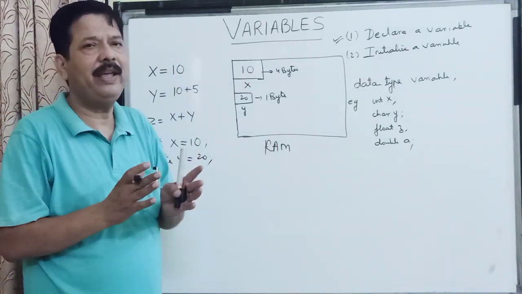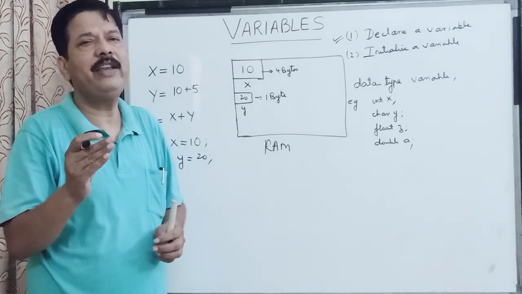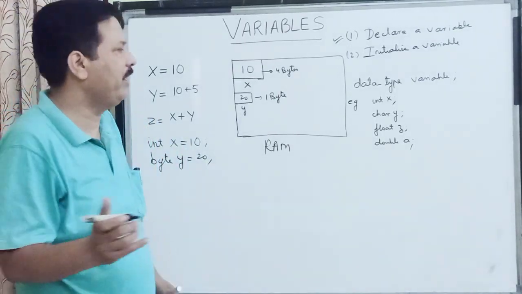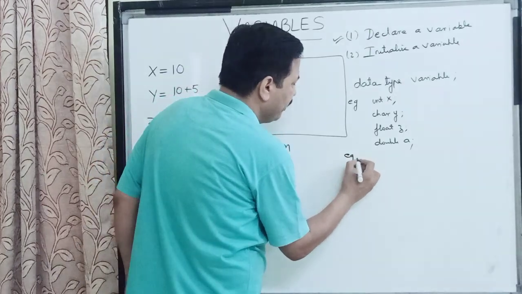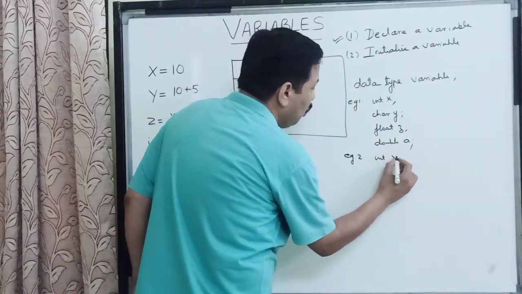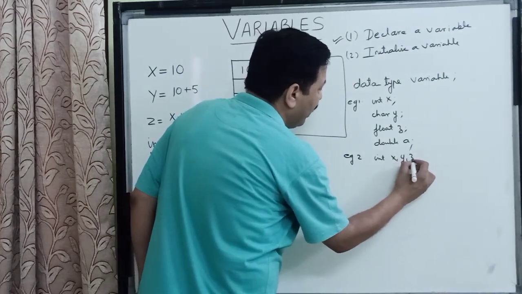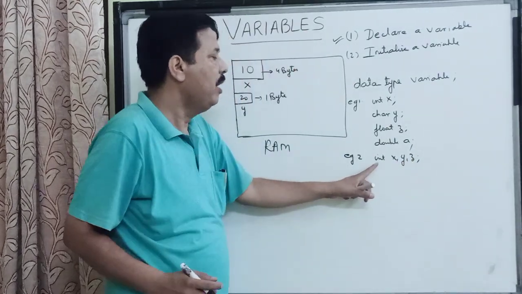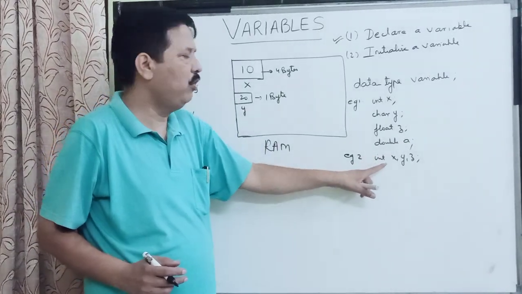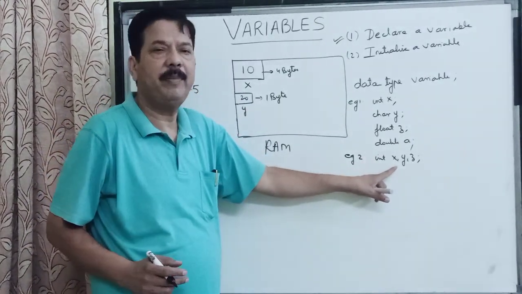Now there is one more thing, children. I can even declare more than one variable of the same data type in the same statement. That is the next example, example 2. I can even declare two variables or more than two variables of type integer by writing the data type followed by the list of variables separated by commas.